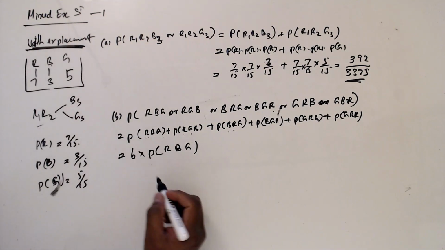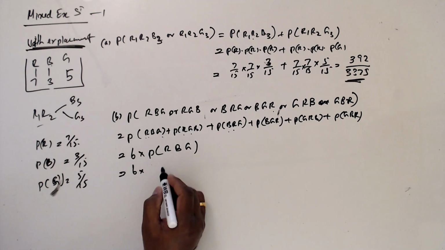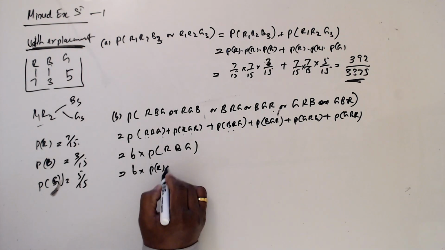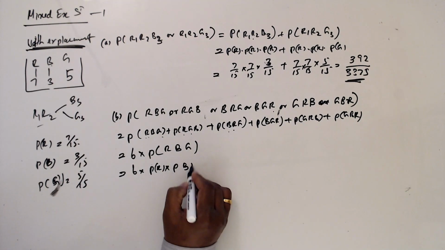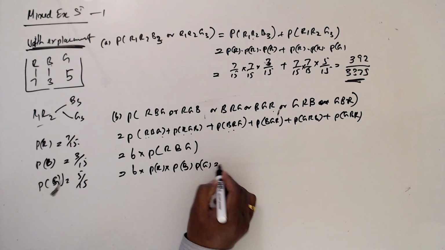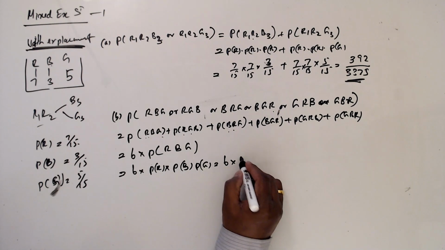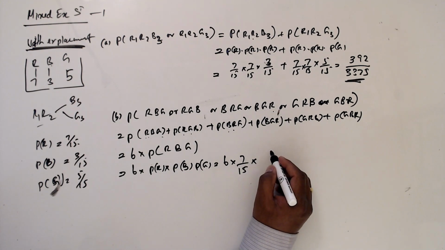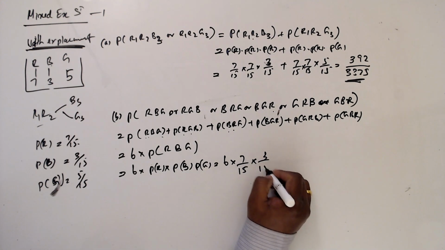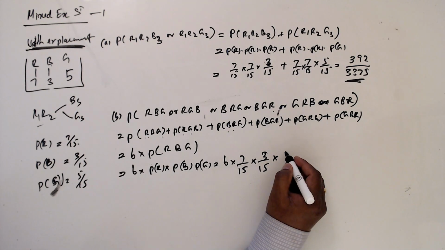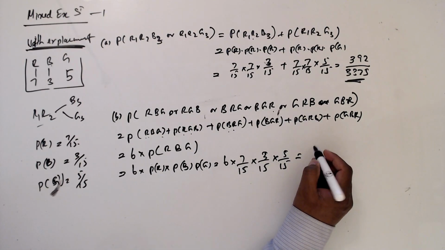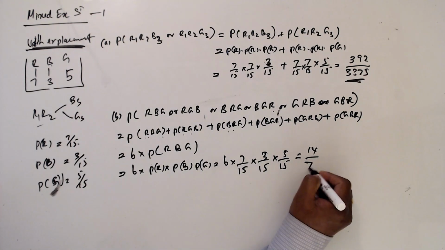Then 6 times probability of R times probability of B times probability of G. R is 7 over 15, B is 3 over 15, and G is 5 over 15. So this is going to be 14 over 75.